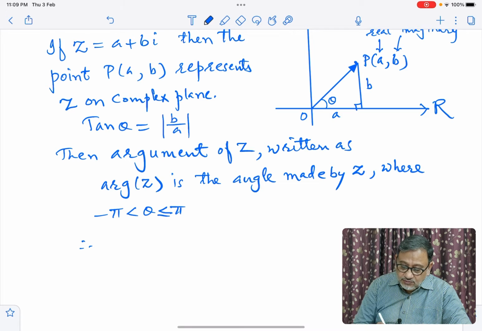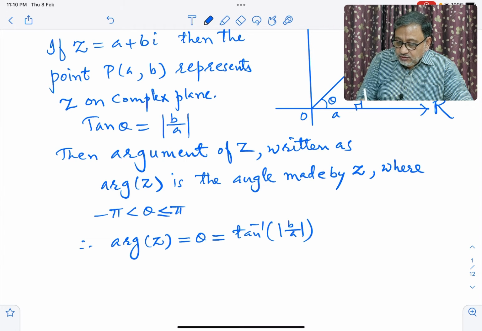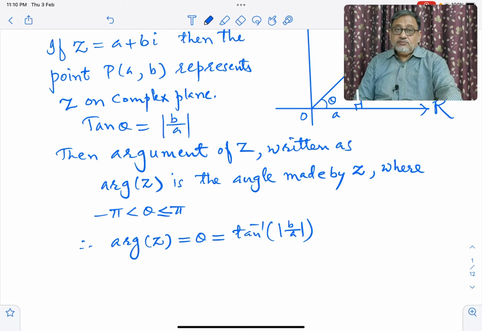Therefore the argument of z is nothing but theta, and theta is tan inverse of modulus of b by a. Now look here, why am I using modulus?